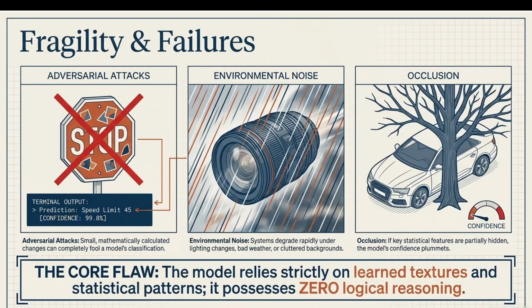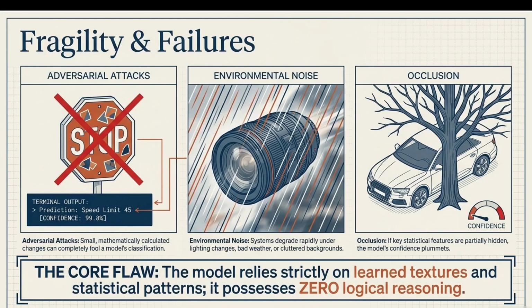Fragility and failures. Adversarial attacks: even small, mathematically calculated changes can completely fool a model's classification, so the model should be very robust to adversarial attacks. Environmental noise: the real world doesn't work the same way as we simulate within a system, because there are multiple uncertainties, like changing weather, lighting changes, bad weather, or cluttered backgrounds.